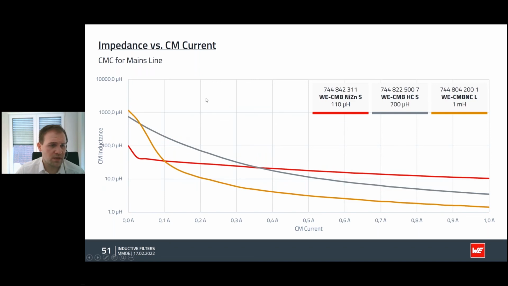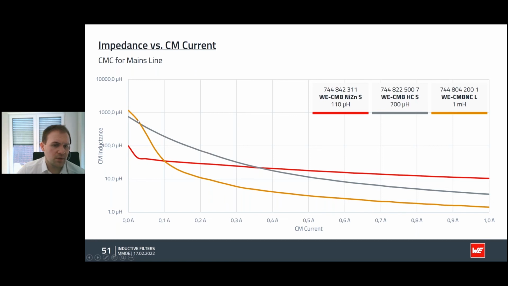Of course, for the common mode chokes for mains lines, it's not very different. You can see this very steep behavior in the inductance roll-off, again for the nanocrystalline core material. So the nanocrystalline core material might have a very high inductance, but it's also very quick to drop if introduced to very high common mode noise.